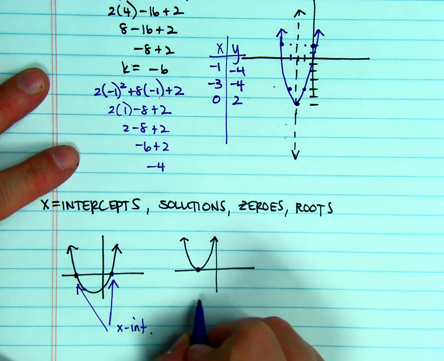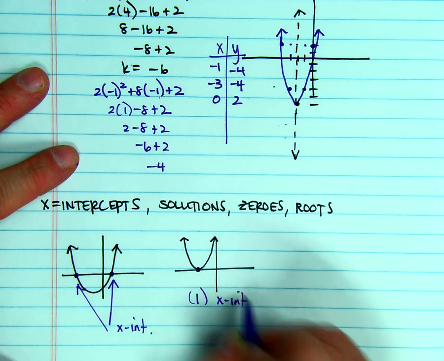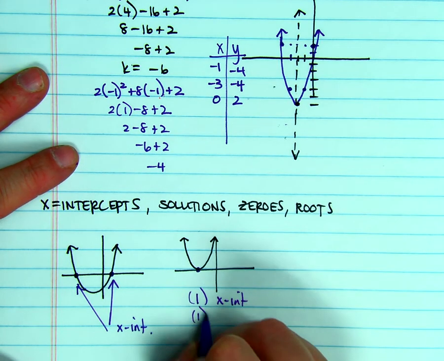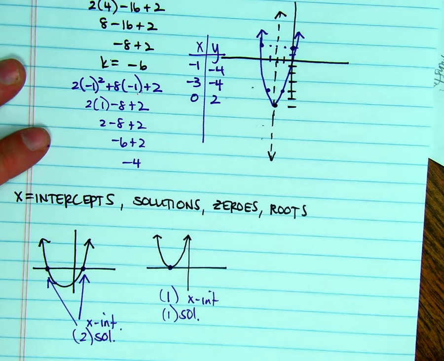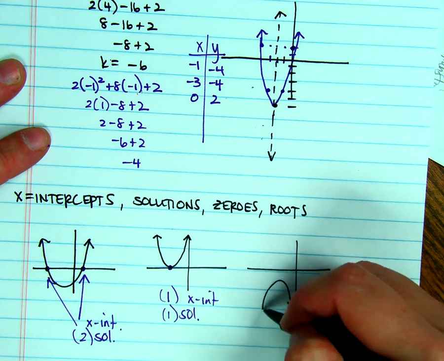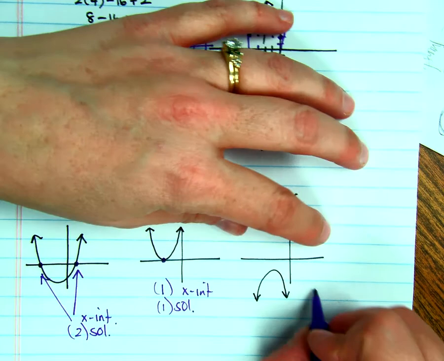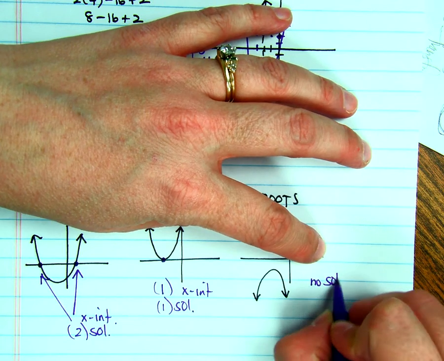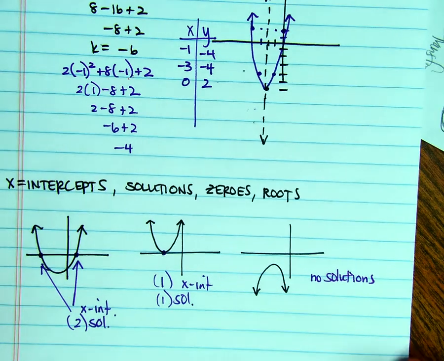So that would have one x-intercept or one solution. And let's go back up here. This has 2 solutions. And then we have this scenario where our parabola does not touch the x-axis at all. There are no solutions. No solutions, no x-intercepts.